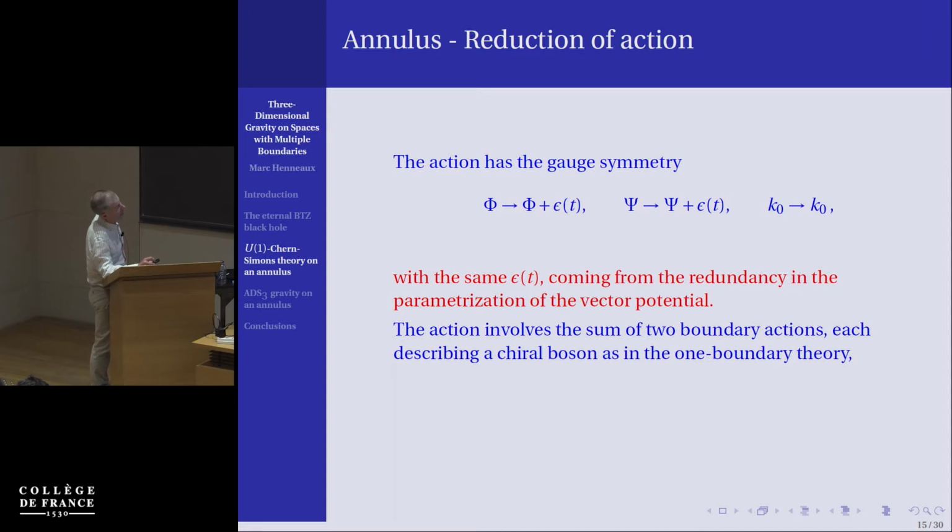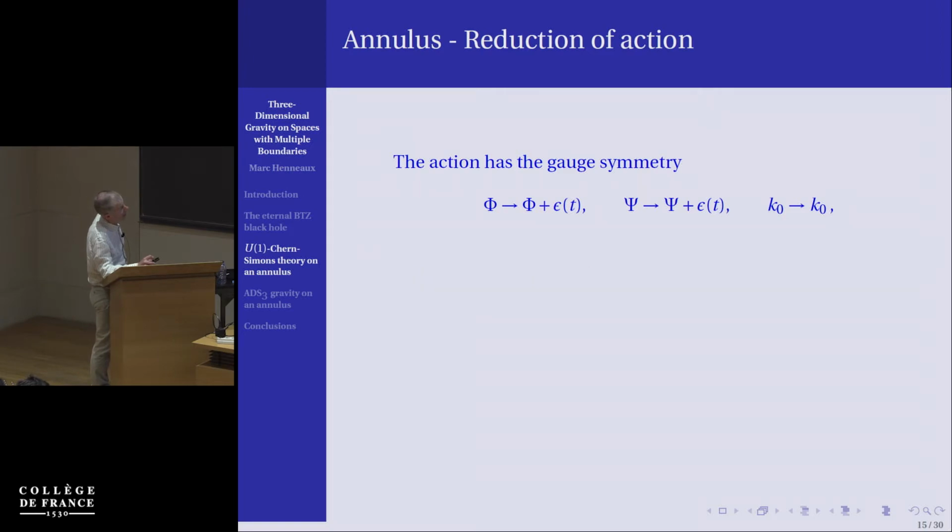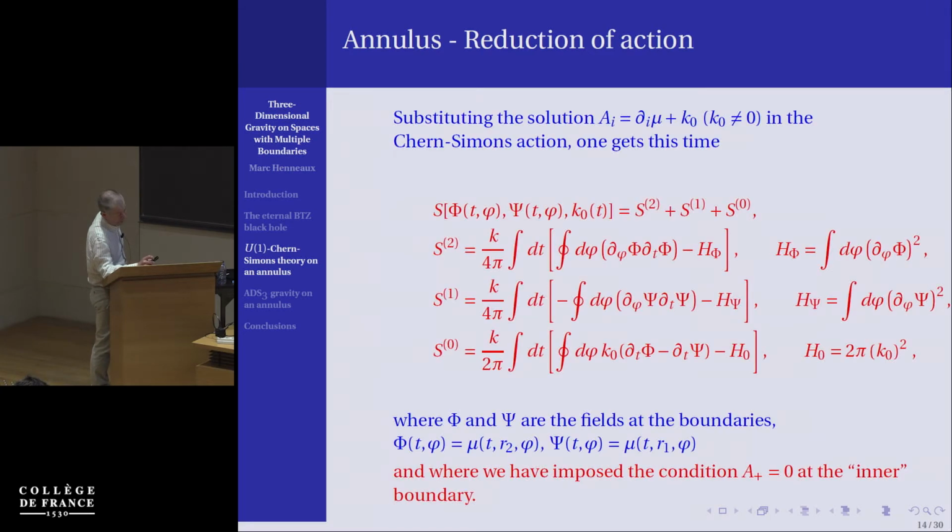And we see that also the conjugate to the holonomy is the integral over phi, so the zero mode of the difference between phi and psi, between the two chiral bosons at the upper and lower boundaries.